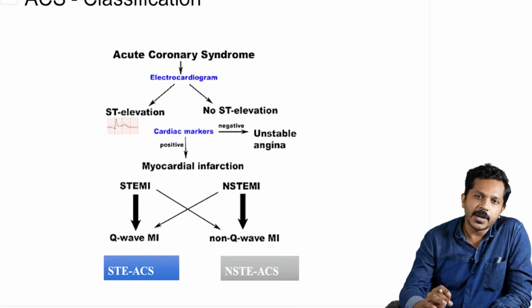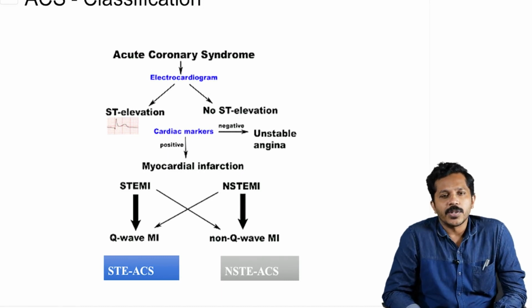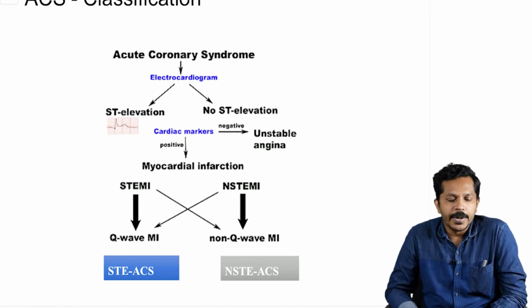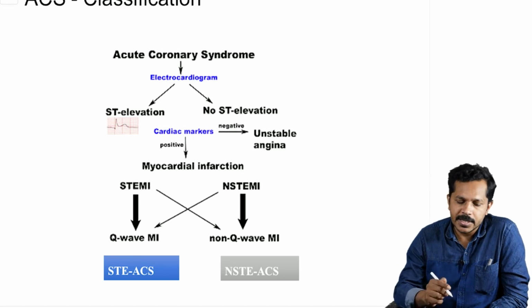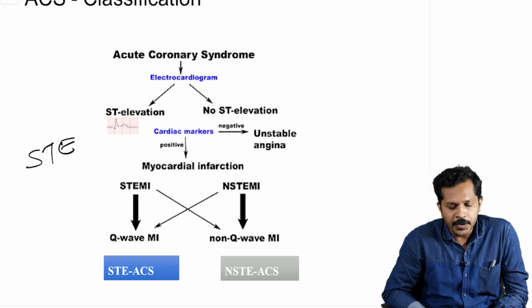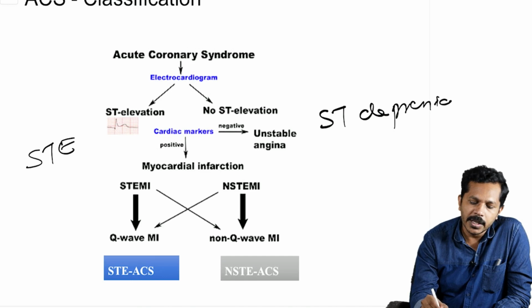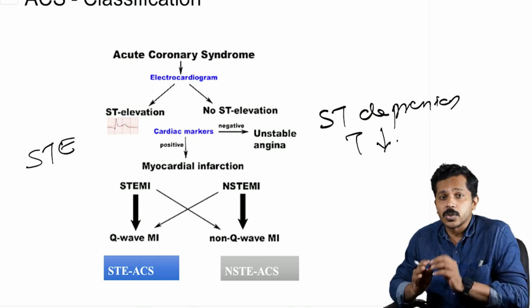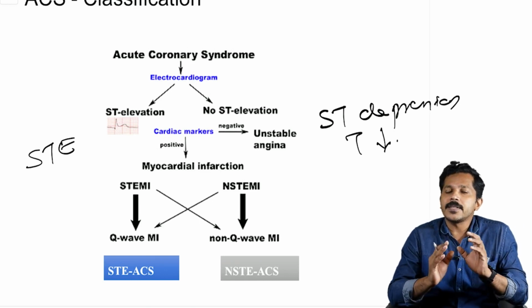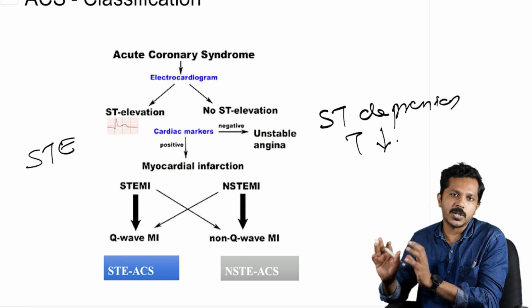Whenever you are dealing with an acute coronary syndrome, like you have understood that this is a case of possible acute coronary syndrome from the history, you will immediately take an ECG and see whether the patient has an ST segment elevation, or if there is no ST segment elevation, there may be other changes like ST segment depression or T inversion.